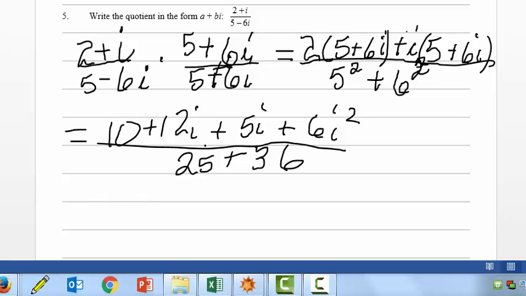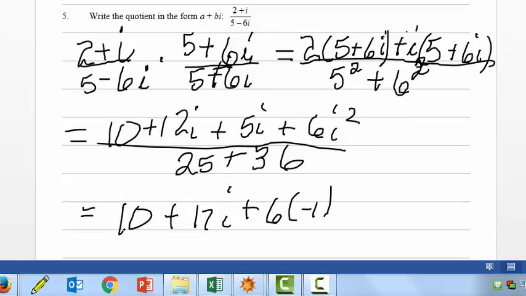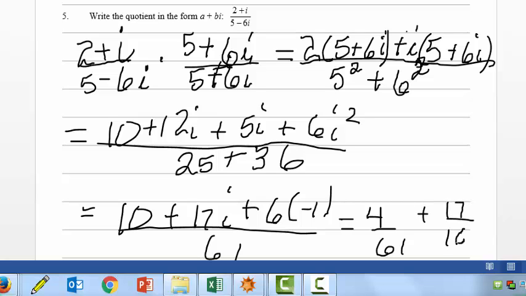And 12i plus 5i is 17i, and i squared is negative 1, so we're going to be multiplying 6 by negative 1. Alright, and positive 6 times negative 1 is negative 6, so this becomes 4 over 61 plus 17 over 61 i. That's our final answer.